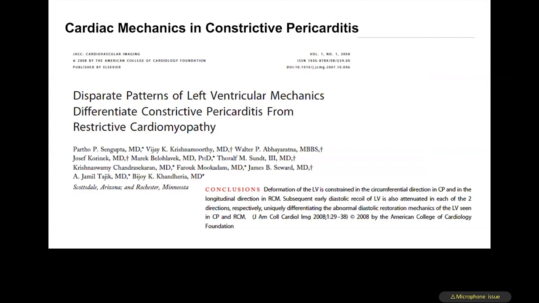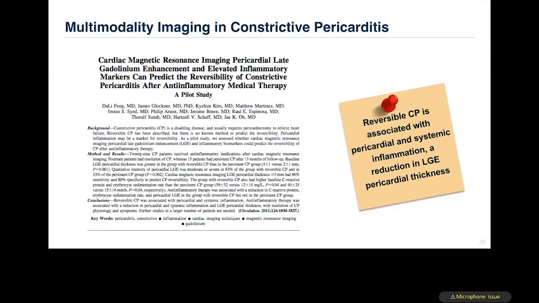So serially adding up 2D, M-mode, Doppler and strain patterns can allow you to differentiate a myocardial disease from a pericardial disease, and differentiate constrictive pericarditis from restrictive cardiomyopathy. There is also a role for imaging beyond echocardiography, which is important to understand. There is complementary information that can come from CT and MRI techniques, particularly in constrictive pericarditis.